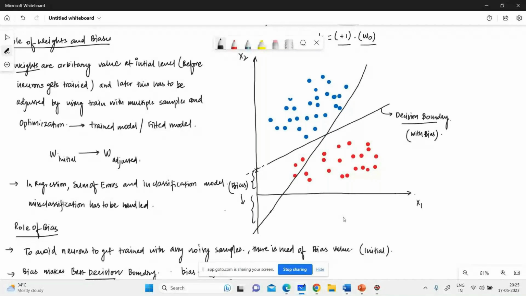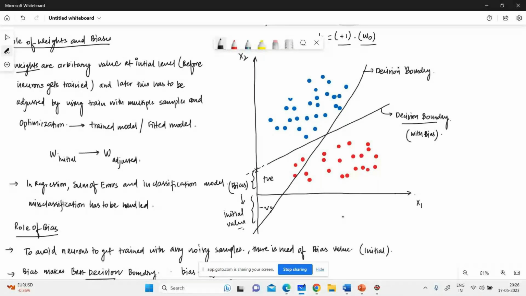So the initial value plays an important role, and it could be a positive value or it could be a negative value as well. In this case, you can say that this is positive. In this case, it is negative. If there is no bias, then maybe your model will not be that adjusted, or it won't be that well fitted.